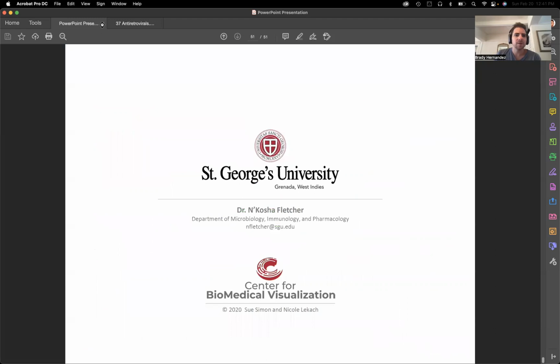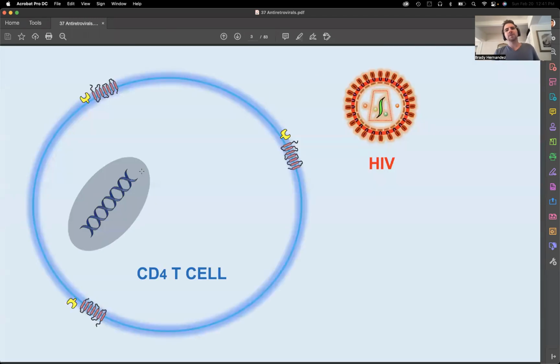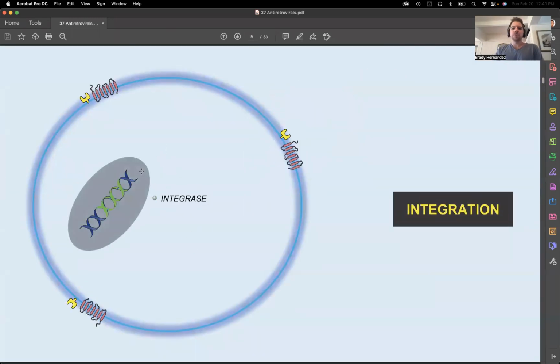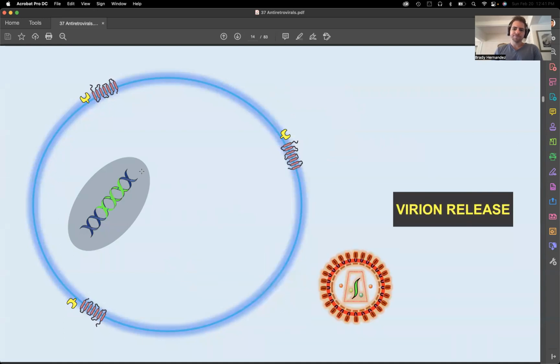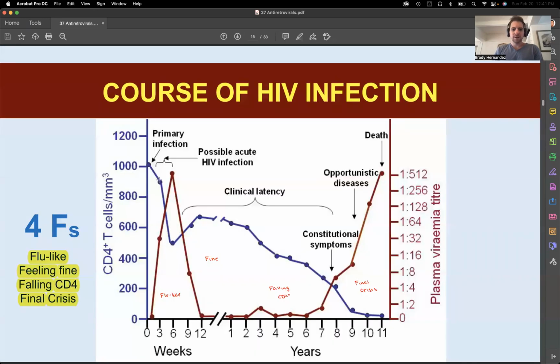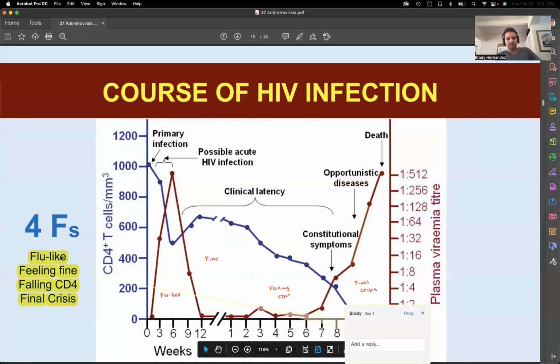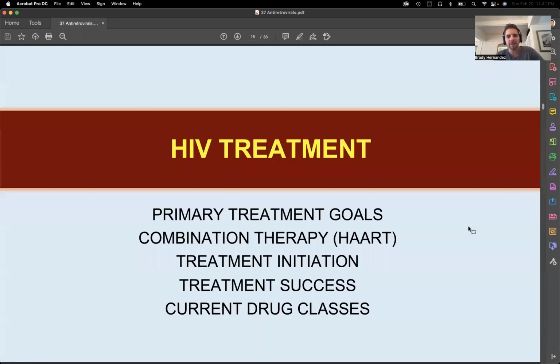All right, last one, we will look at the antiretrovirals quickly. We looked at this, right? This latency, this initial infection, and the 4 Fs: flu-like, feeling fine, falling CD4, final crisis. So you can track it that way if you like.